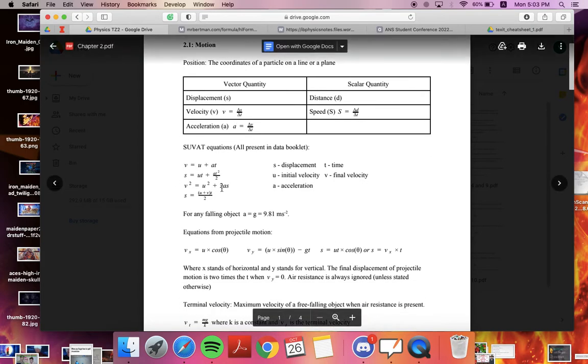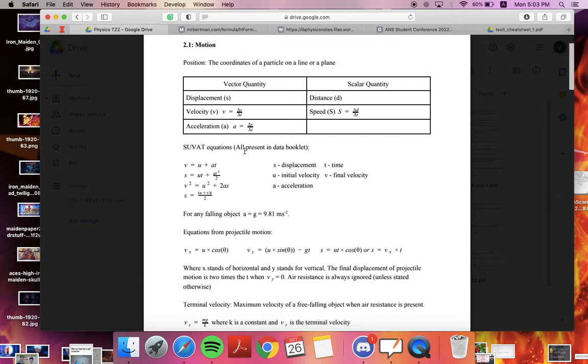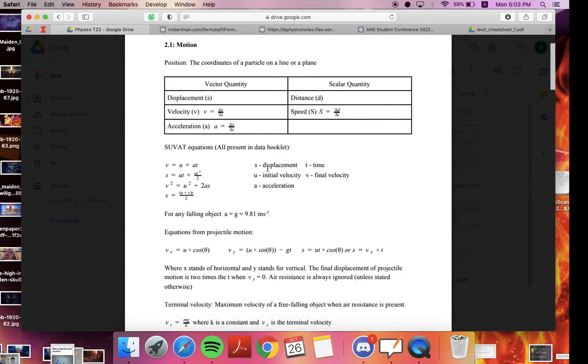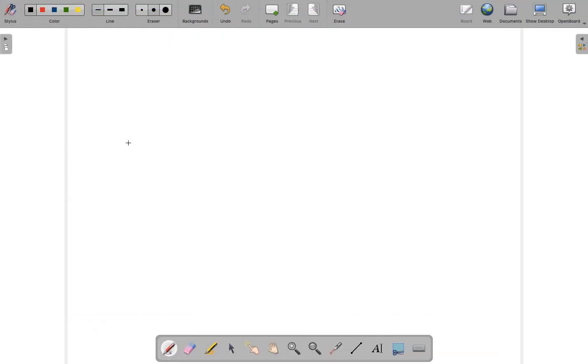So using all of these, we can come up with our Suvat equations. All of these are in the data booklet. I can quickly go over how we arrive at each of these. Let's take a look at the first one. From our definition of acceleration, we know acceleration is the change in velocity over change in time.